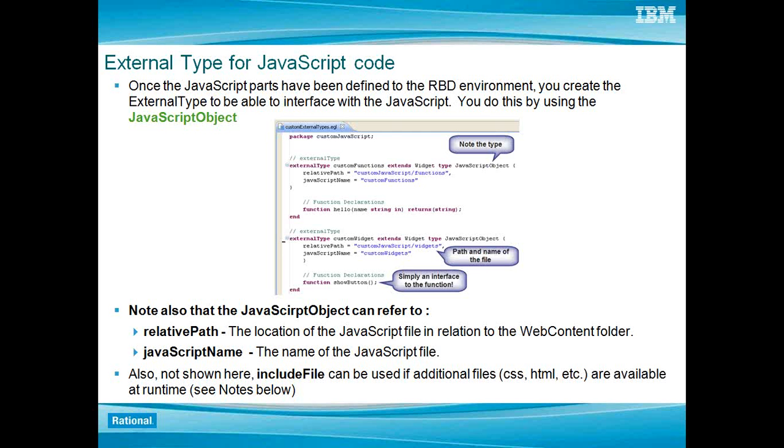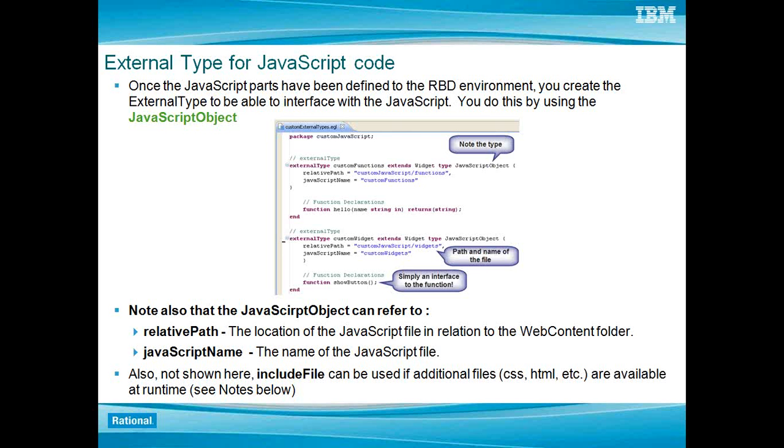Okay. So relative path is the location of your JavaScript that is present inside of your web content folder. The JavaScript name is the name of your JavaScript file. And we can even include some other files like CSS file or HTML file that are being used inside of our JavaScript file.